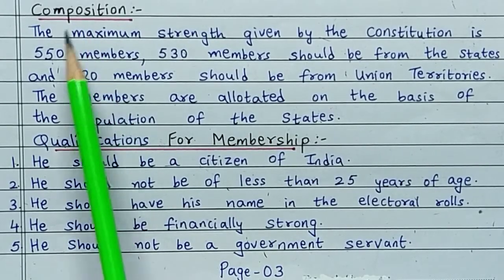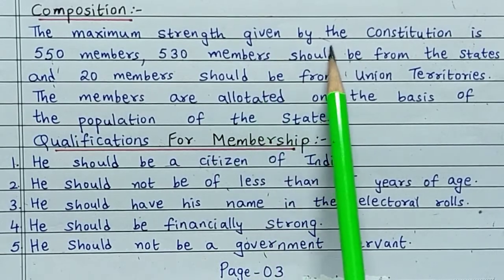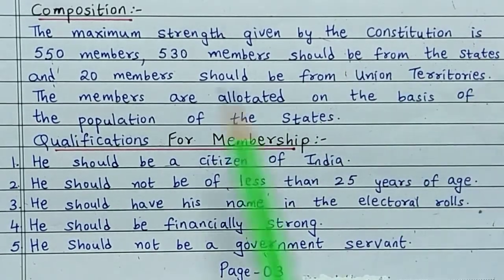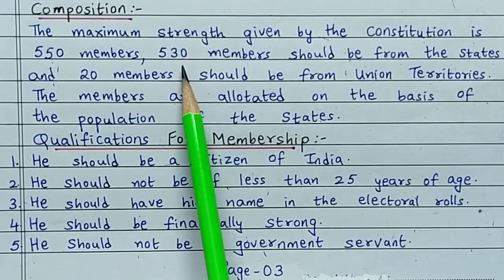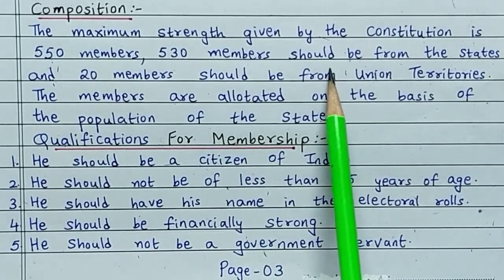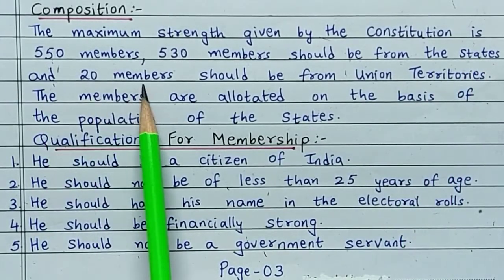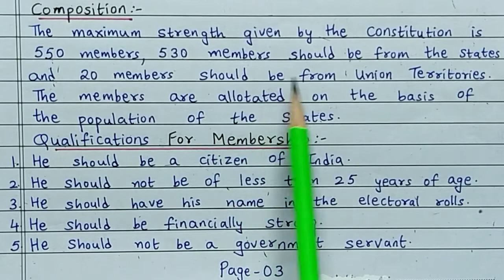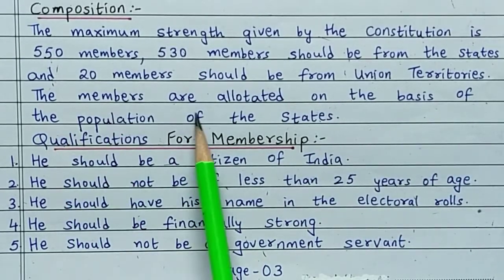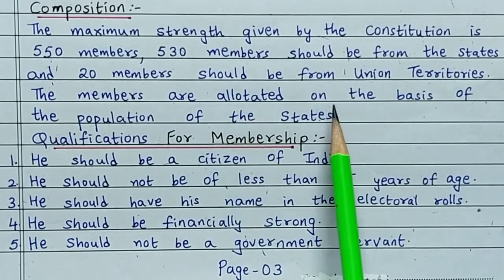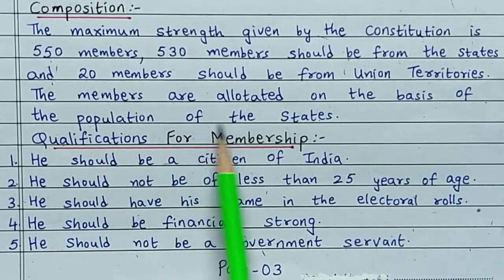Composition of Lok Sabha. The maximum strength given by the Constitution is 550 members. 530 members should be from the states and 20 members should be from union territories. The members are allotted on the basis of the population of the states.